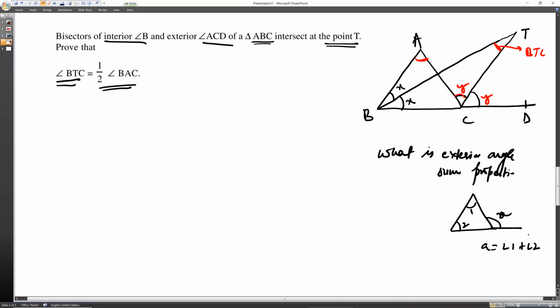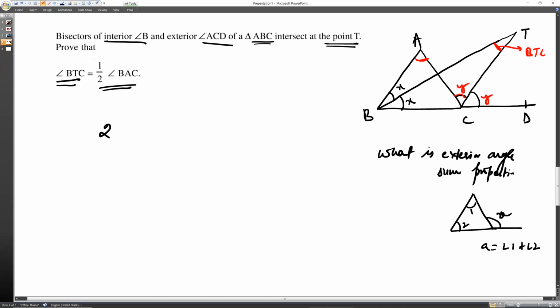Can you tell me that Y plus Y, this whole angle, will be equal to 2Y? For angle ACD, can I write 2Y?